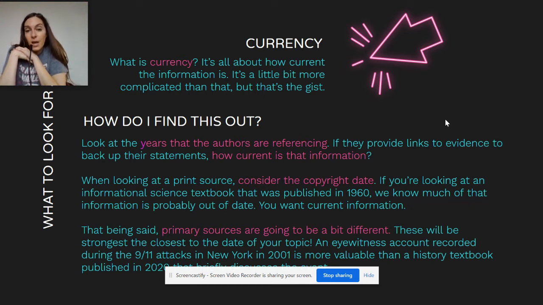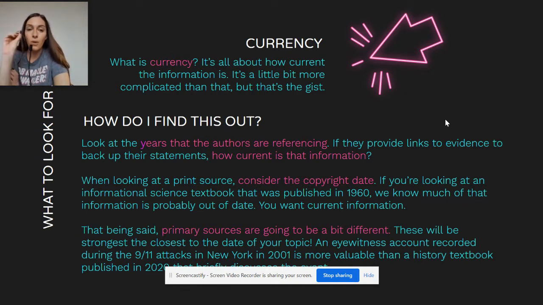That being said, primary sources are going to look a little bit different. With a primary source, you're looking at a source whose information is from a primary person in some aspect, right? So it's maybe from somebody who was there at the event. It's maybe a physical letter that somebody wrote, or an actual speech, or some sort of recording that is true to that event or that topic.